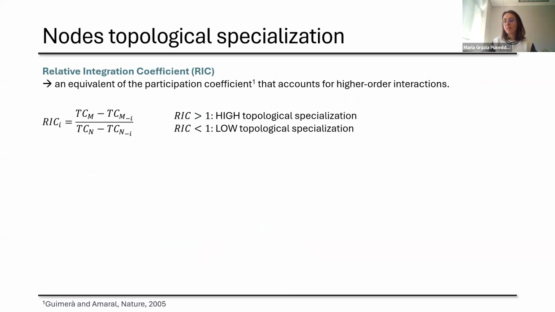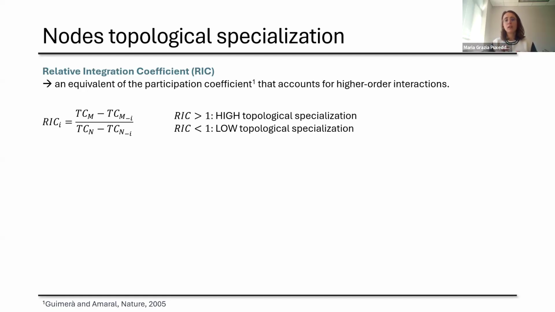For example, if we have a node that has low participation coefficient, that means that it's very tied to the cluster it belongs to. Vice versa, if it has high participation coefficient values, it means that it shows a diversity of connections. So it has connections throughout the network.